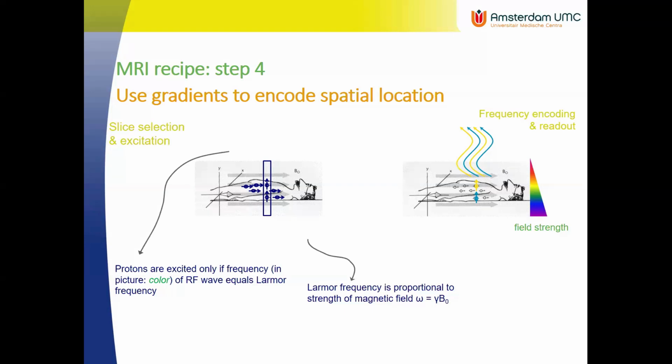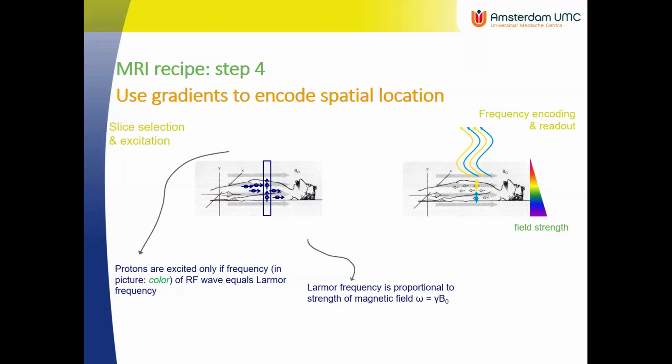And so I have different radio frequencies of the spins. Again, the frequency of the signal that a compass needle or a spin produces depends on the strength of the magnetic field, which varies in this case along the y-axis.